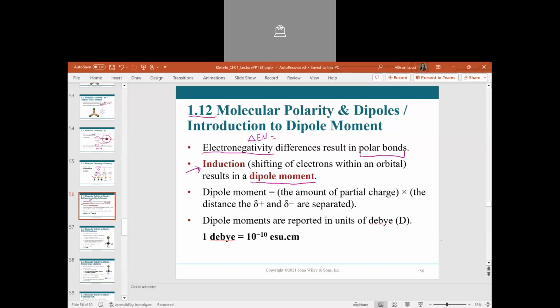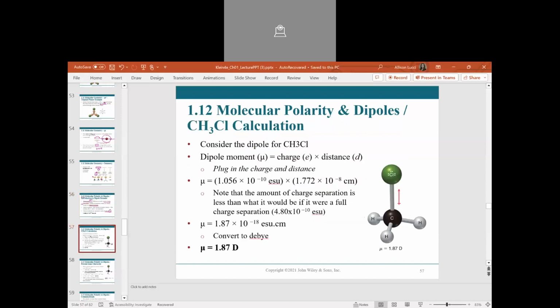So you won't have to do any calculations of dipole moment and conversions to Debye, this unit here, this capital D, but you will sometimes be given values for dipole moments and have to utilize those. So we're going to skip over some of these calculation slides coming up, but know what that capital D stands for, and we're also going to just briefly look at what a dipole moment is.